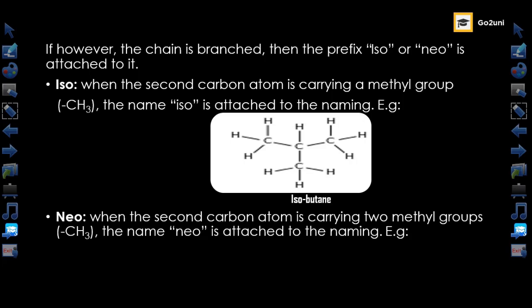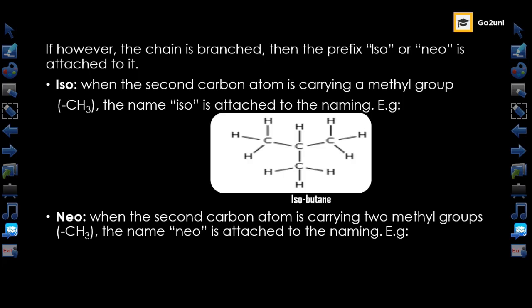As we can see on the board, the last but one carbon atom has a CH3 attached to it, so it is properly called isobutane because there are 4 carbon atoms, and we have said 4 carbon atoms is but. It can be butane, butene, or butanol, depending on the functional group. But as we can see in this case, there are only single carbon bonded atoms.